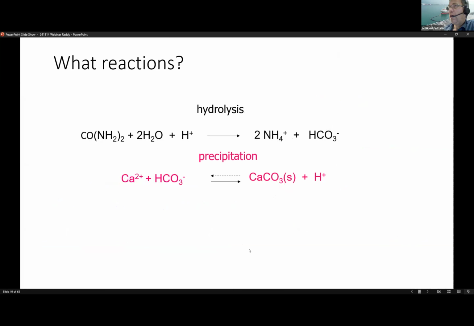Then the other half of the reaction is, if you have calcium in the system and you produce bicarbonate, you get precipitation of calcium carbonate crystals, a solid phase, and this precipitation, if you use bicarbonate as the main precipitating component, produces acid again.